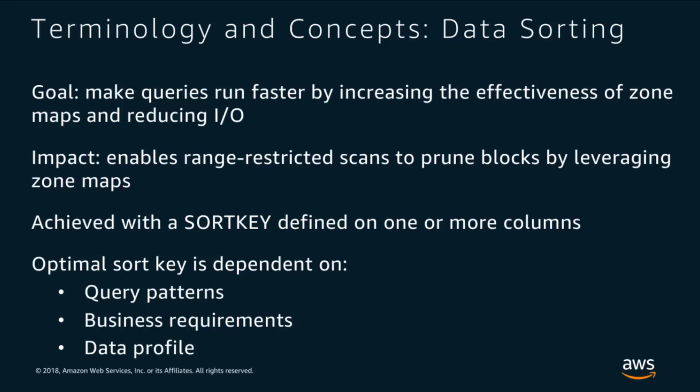Picking the sort key, as we call it, is usually based on your query patterns in most cases. There are also business requirements, and maybe even the cardinality of your data, that will play into picking the correct sort key. A sort key can span more than one column, so you can pick multiple columns when picking the sort key.